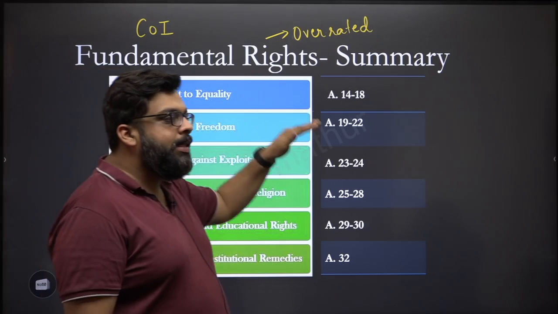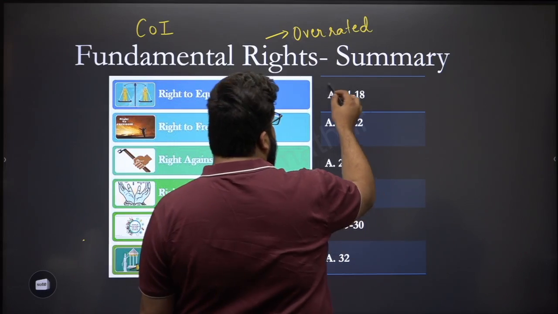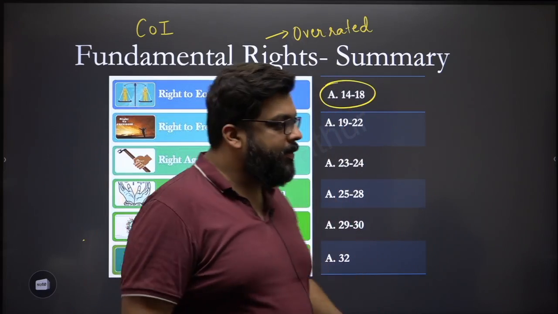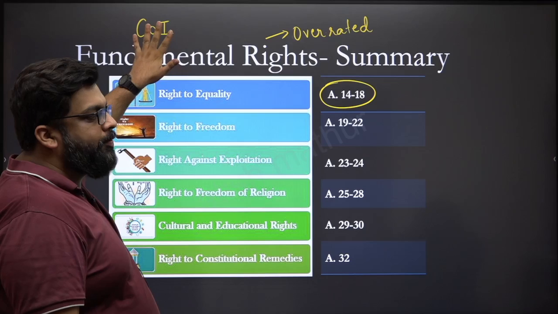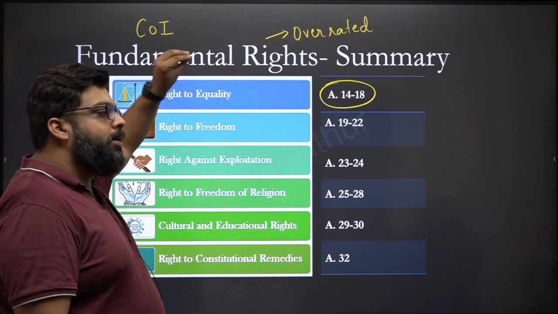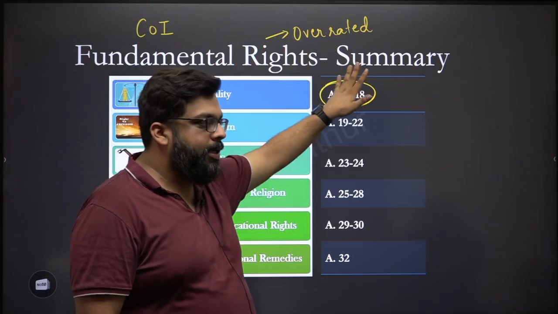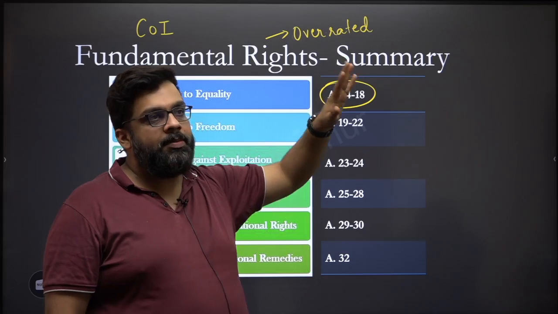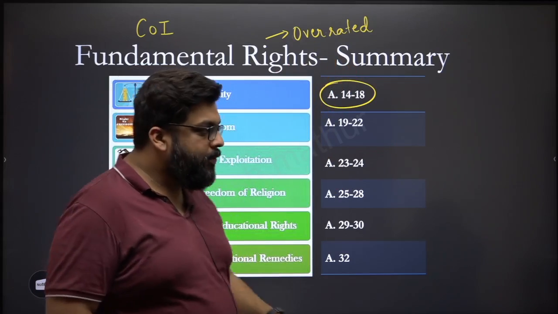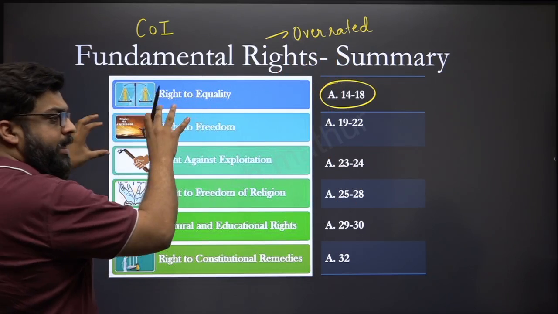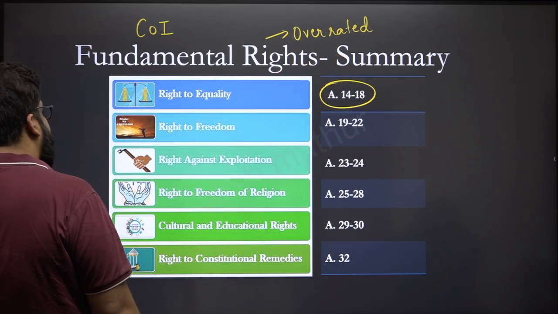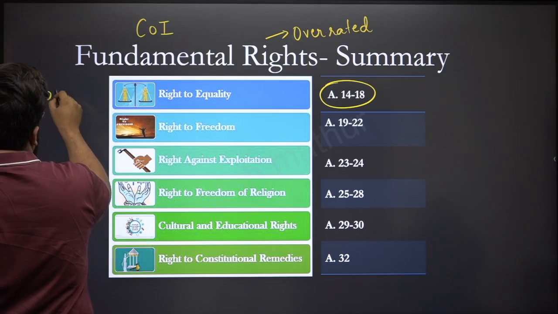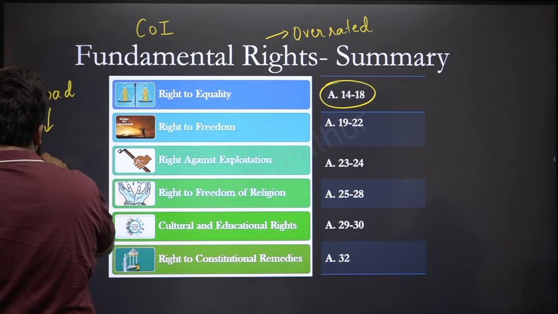And even within these classes of rights, for example, when you see 14 to 18, you'll start again from a wide to a narrow concept, wherein 14 will talk about general principles of equality, 15 will talk about public space non-discrimination and education reservation, 16 will talk about employment reservation, 17 will talk about untouchability, and 18 will talk about titles. So even within the classes of fundamental rights, you will see a funnel approach where you look at a broad right which then moves down to very specifics.